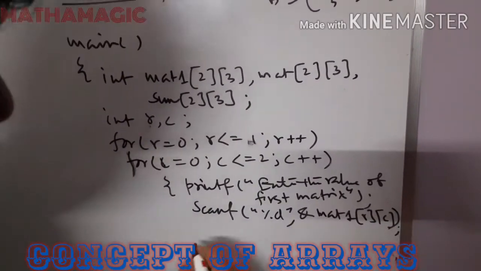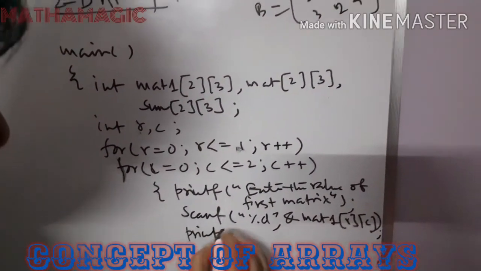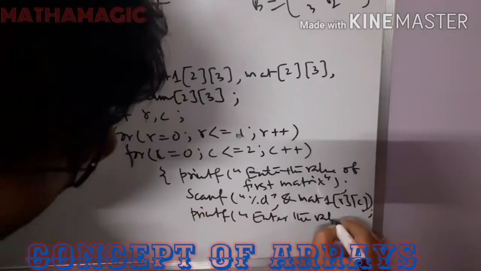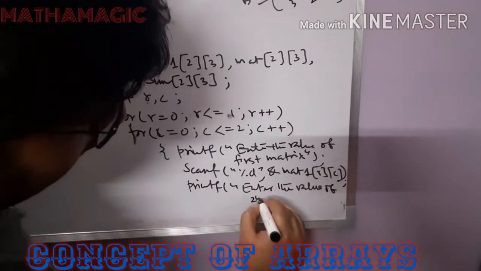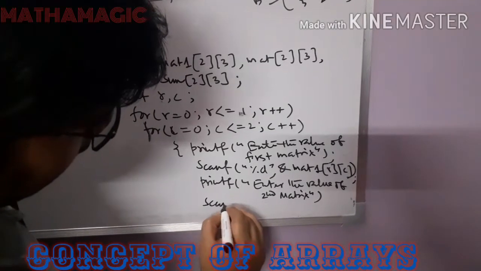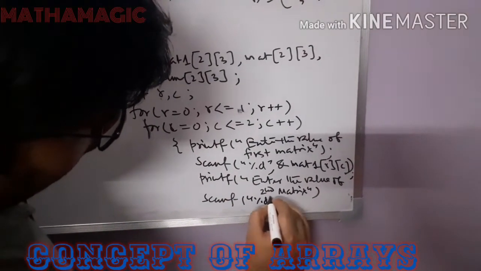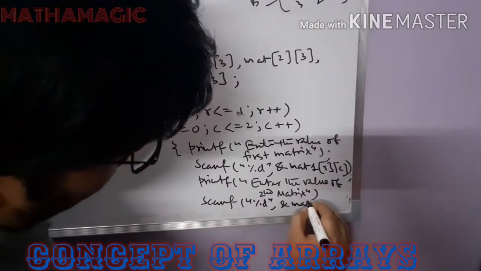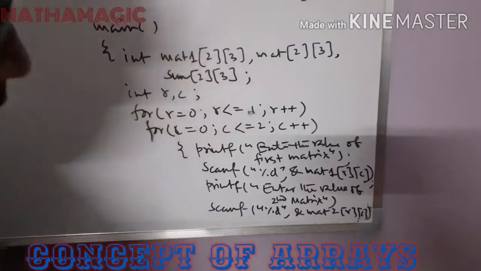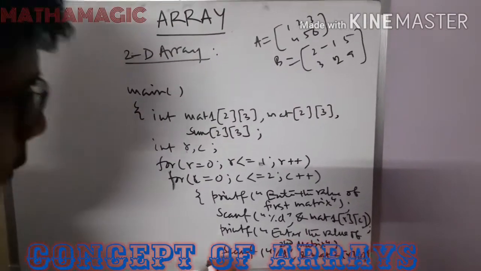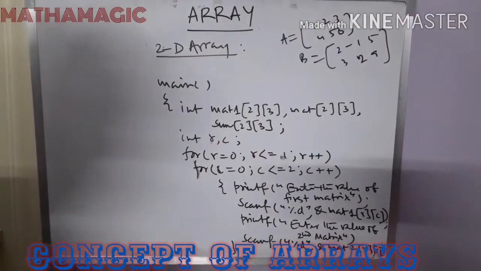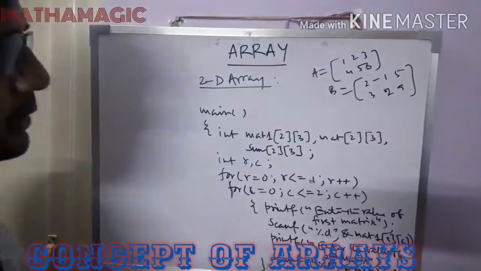This is how the first matrix goes, and you just write down the second matrix also. Enter the value of second matrix. Just scanf %d comma ampersand mat2 rc. So these are the two values which we have already entered by using these two for loops. Now we have got these two matrices in our program.